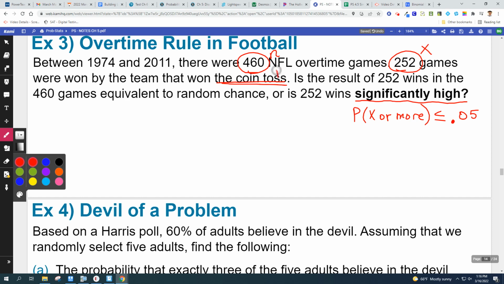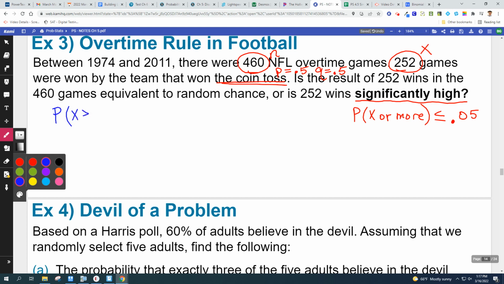So the probability of winning would be 0.5 and the probability of not winning is also 0.5. Those are our numbers. So here's the tricky thing. When we want the probability of X or more, in this case, we want the probability of 252 or more.